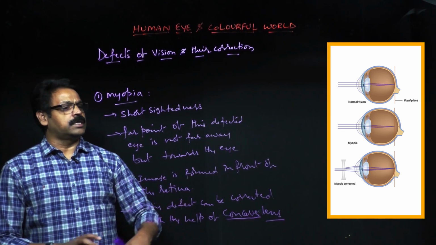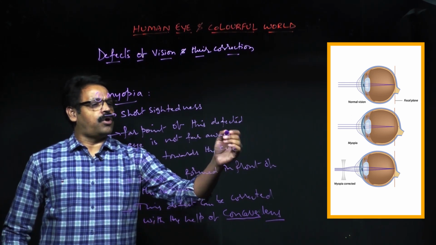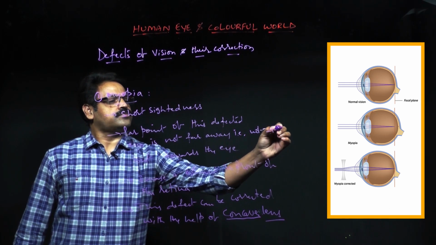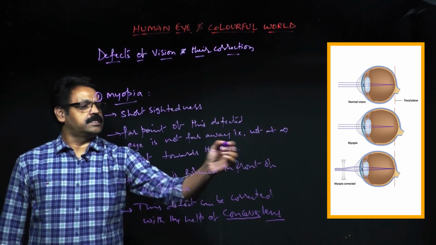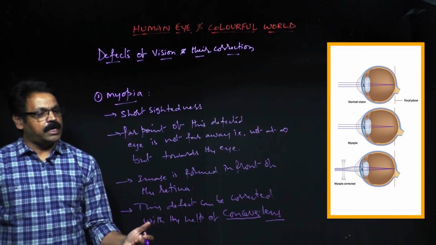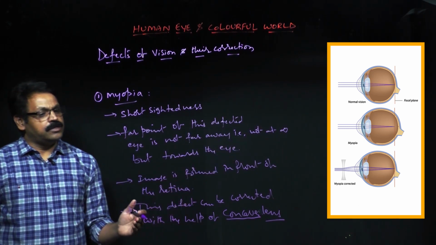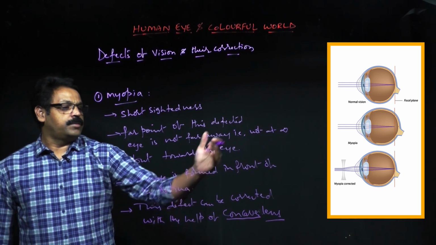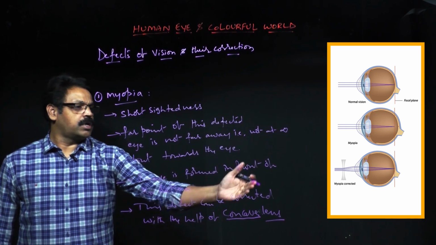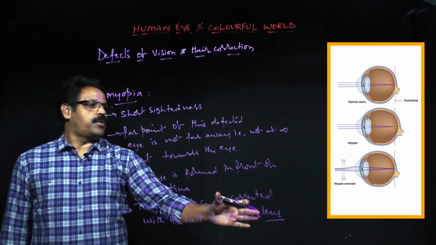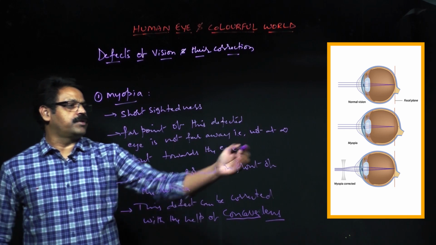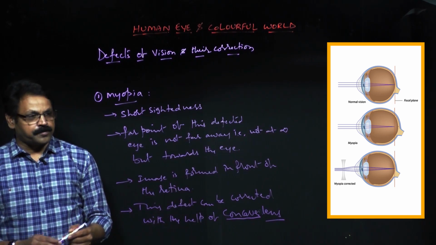That means it is not at infinity, but somewhat towards the eye, and the image formed is in front of the retina, not on the retina. So in order to get the image back onto the retina, we have to use a concave lens, and all these points can be easily depicted with the help of the figure given over here.